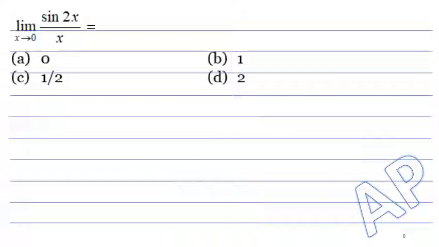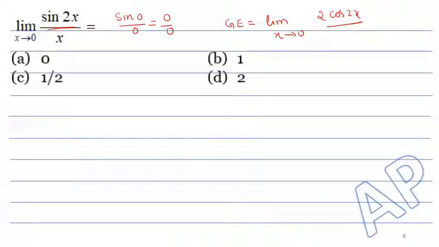Evaluate limit as x tends to 0 of sin 2x by x. When you apply the limit, you will get sin 0 by 0, which is 0 by 0 form. So you can apply L'Hopital's rule, that is the given limit is equal to limit as x tends to 0 of derivative of sin 2x, which is 2 cos 2x, divided by derivative of x, which is 1.